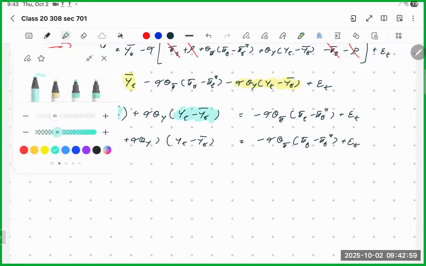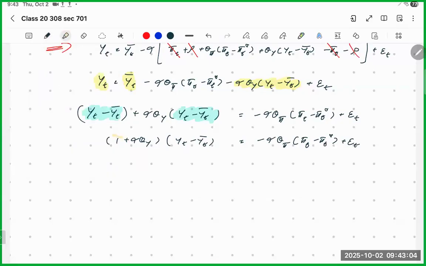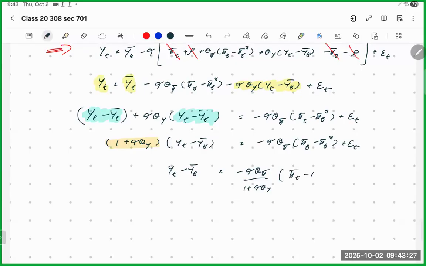Next, I want to get rid of this term. I don't want it. So I just divide the whole equation by it. If I divide the whole equation by this term, I'm going to get YT minus YT bar equals minus alpha theta pi over 1 plus alpha theta Y, times pi T minus pi T star, plus 1 over 1 plus alpha theta Y, times epsilon T. This is what I have.